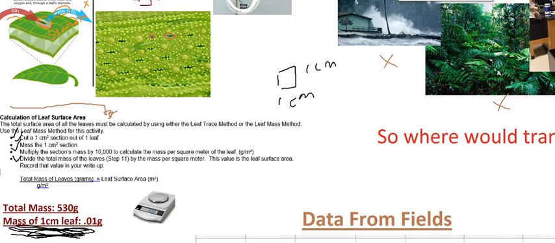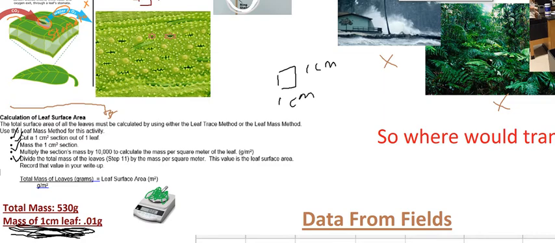So at first we took just the little one section and put it on the balance, and it said something like 0.01 grams. And then we put all the leaves on the balance. Let's say that it had said 530 grams, because in the lab that I did, it was over 530 grams, but I was using an ivy with thick leaves, and there were a lot of them.